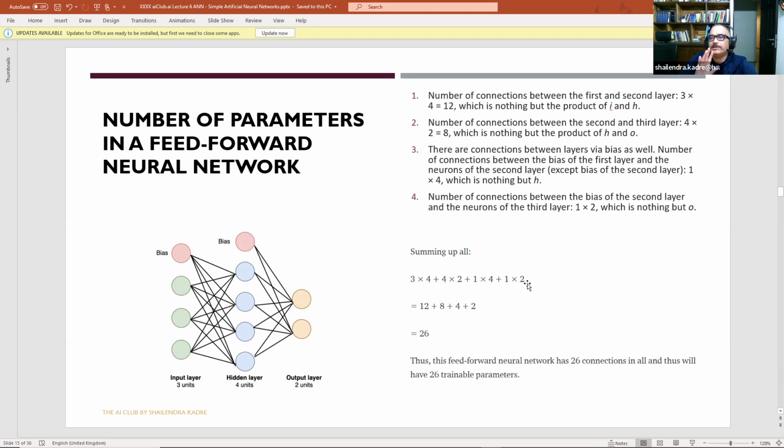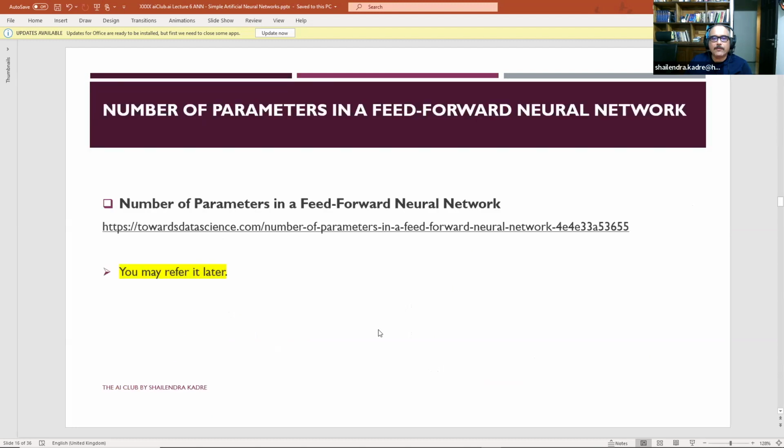So we have to finalize 20 weights and 6 biases. That is how we calculate the total number of parameters in a neural network. Very simple. I did it for a simple neural network. If the network is bigger, your number will become bigger, but the formulas and concept remain the same. Anyway, the computer also does this for you.